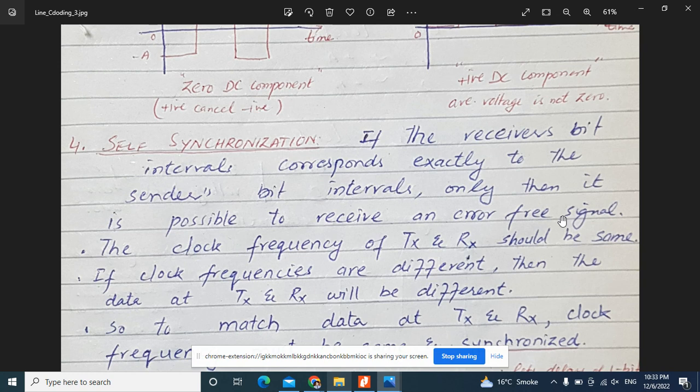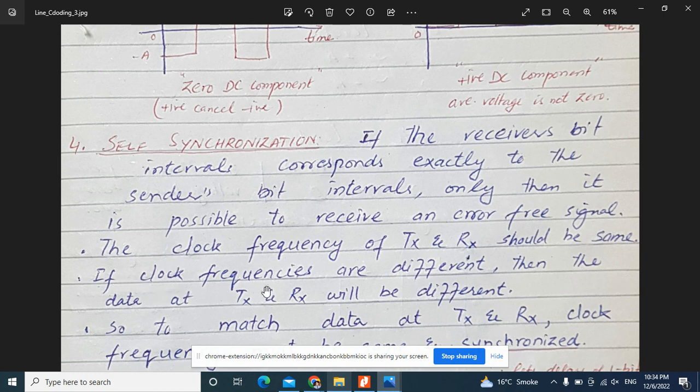So it is usually required that you be perfectly synchronized and have exactly the same clock pulse on the receiving side if you want to extract the information or retranslate the signal. So the clock frequency of the transmitter and receiver should be the same.